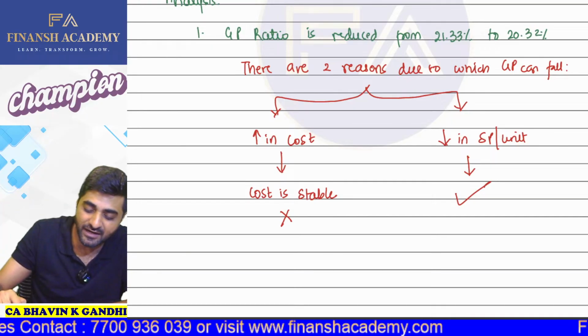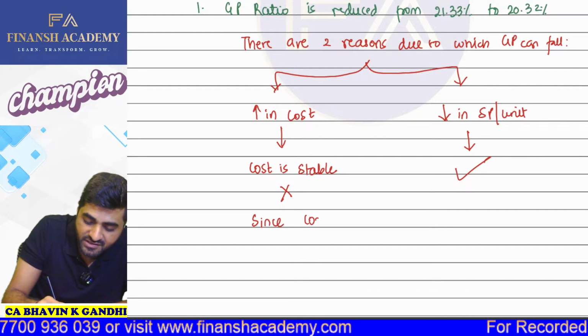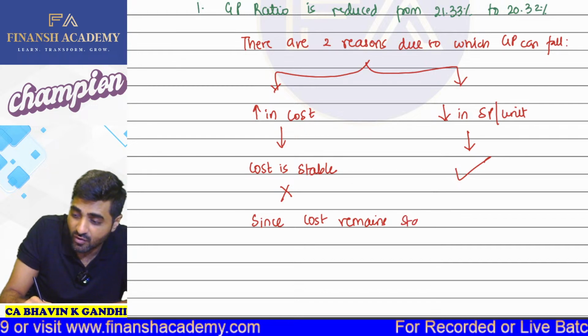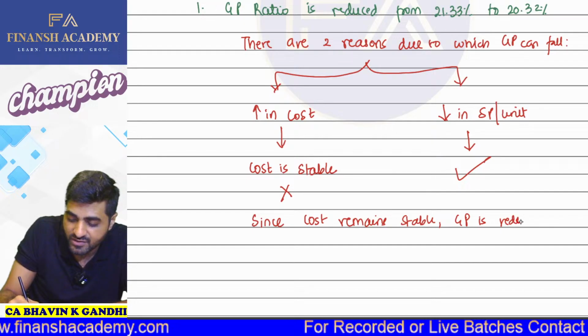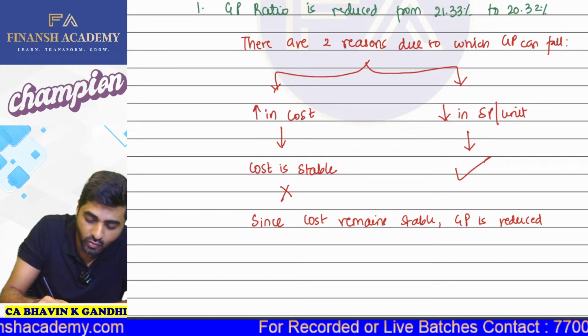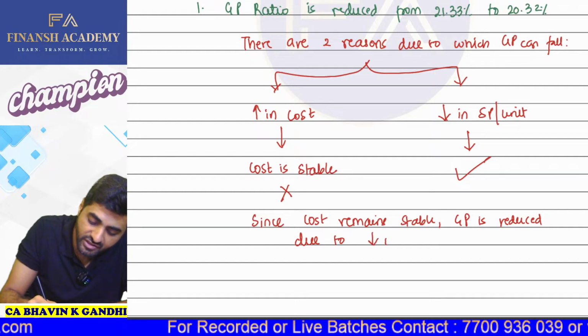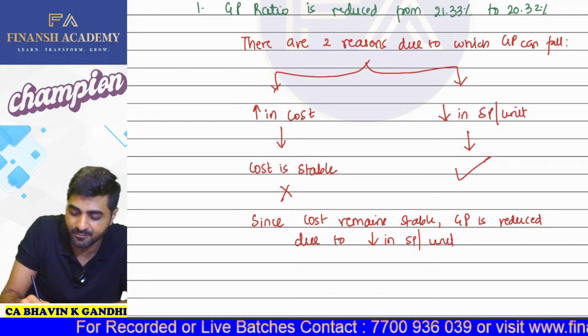Yes, sir. So we will write down here, since cost remains stable, GP is reduced due to reduction in selling price per unit. Very simple.